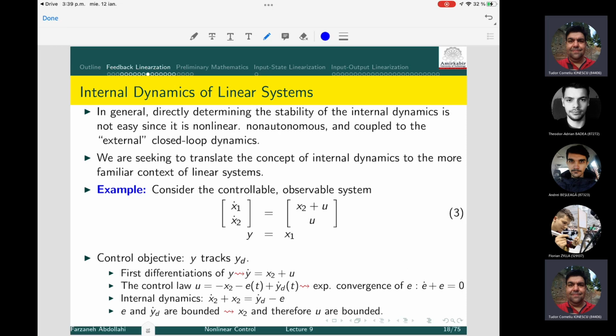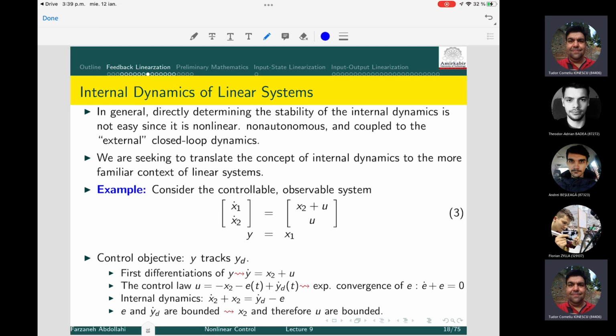Differentiation. Since the output y is chosen as the first state x1, we can measure state x1. When you take the derivative, you immediately see that the input has a direct connection to the first derivative of the output.